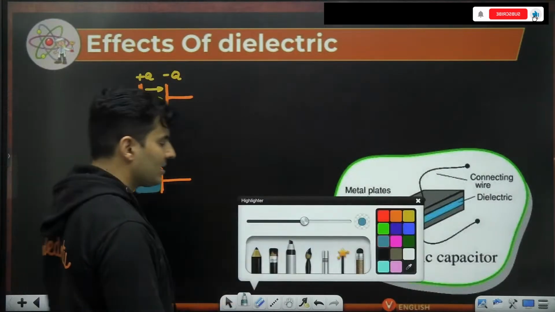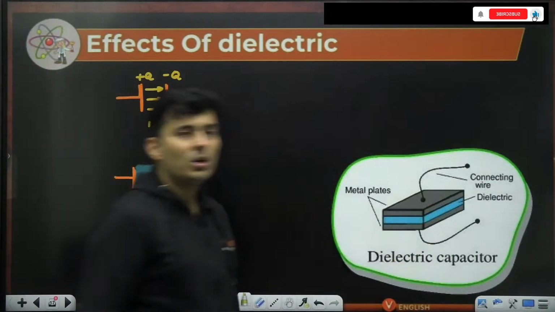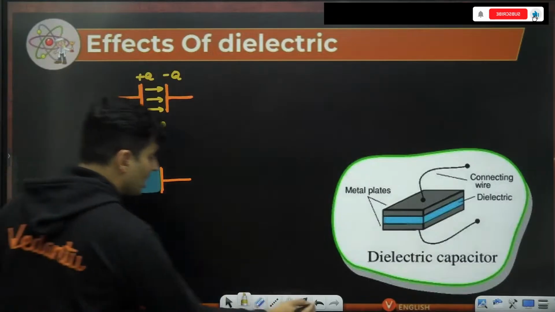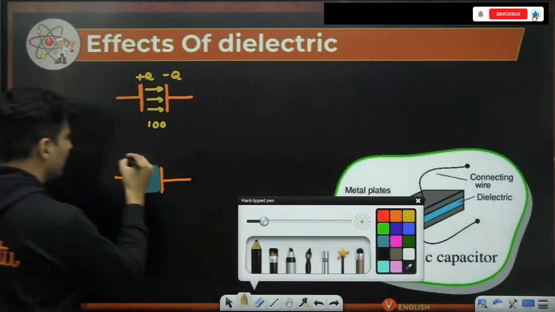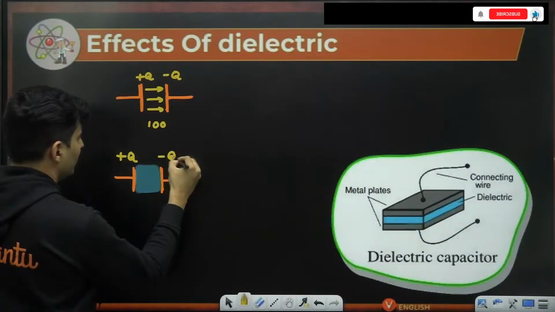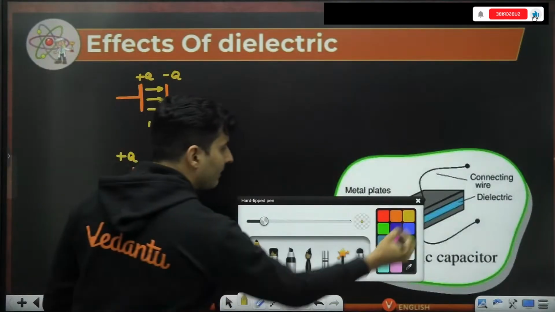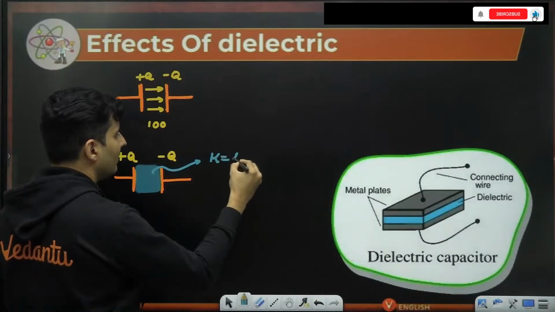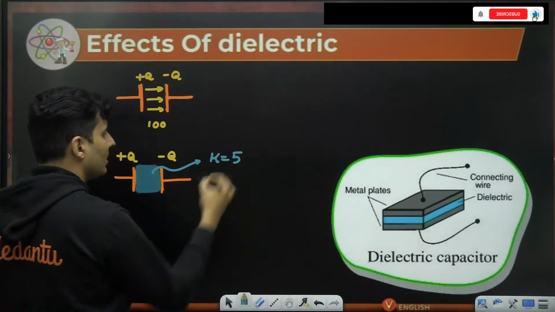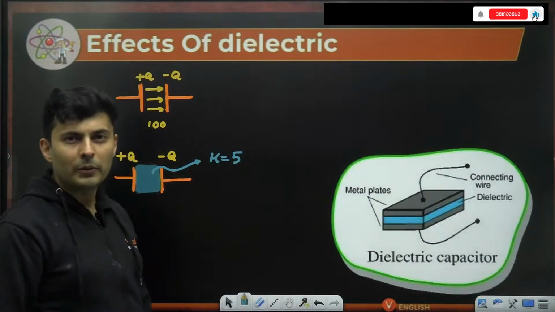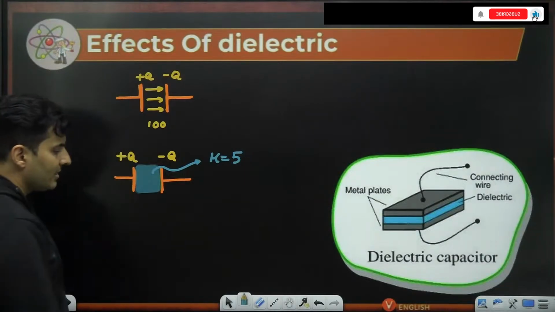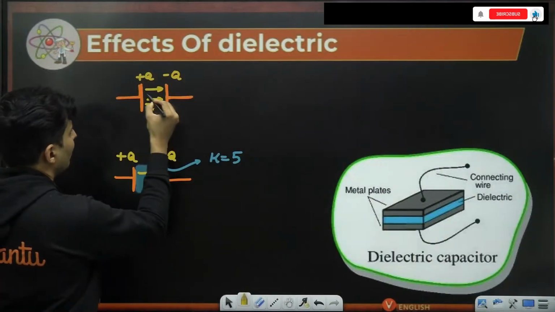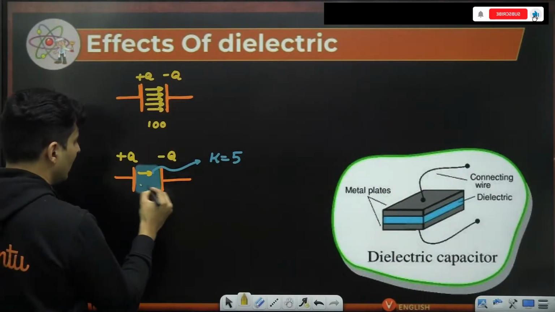Now what happens is that the moment you have a dielectric medium, if you had the same charge on that particular capacitor, plus q and minus q, and let's say the dielectric constant of that medium is 4 or let's say it is 5. Okay, I'm just taking some random value. So if the charge is the same, this electric field, which was quite strong here at 100 units, will become weak.